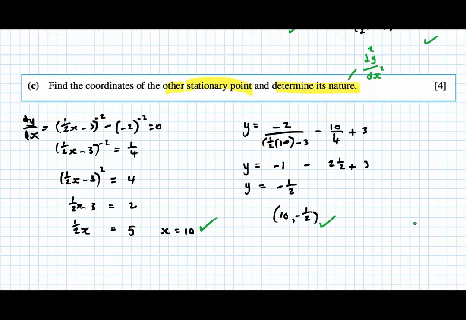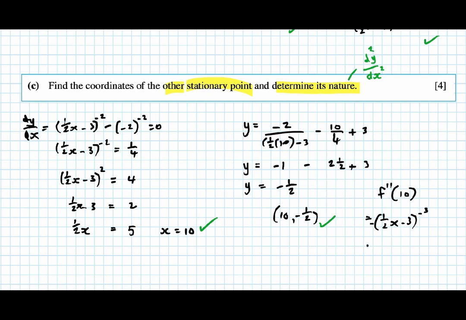So you get minus, so f prime of x, 10 in this case. Let's plug it in to see the nature. Minus 1/2 times 10 minus 3 in your brackets to the power of minus 3. And so you'll end up with minus at the front as well there.